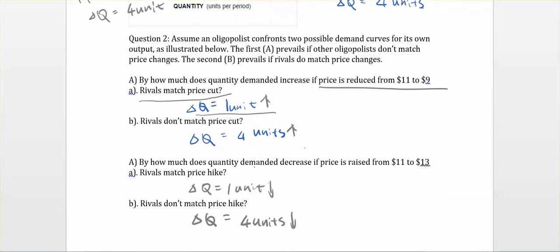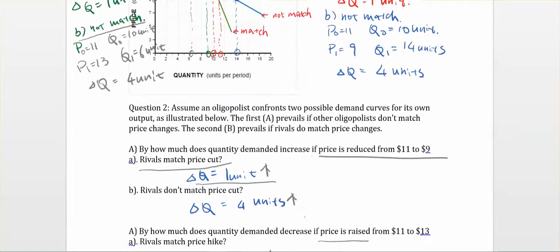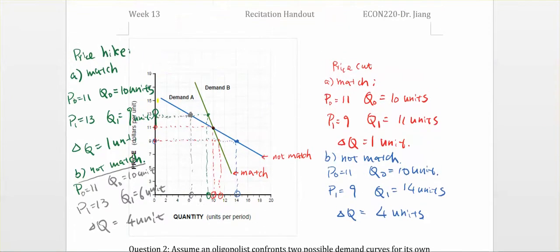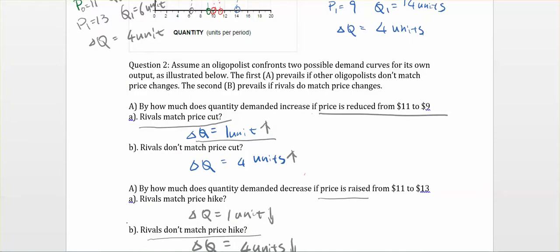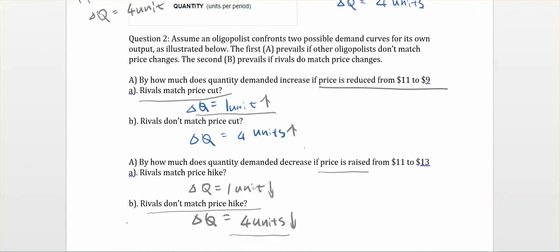If this oligopolist raises the price from $11 to $13, the best strategy is to not match the price hike, because in that scenario the oligopolist would lose the highest amount of demand to the rivals. So the rivals will definitely not match.